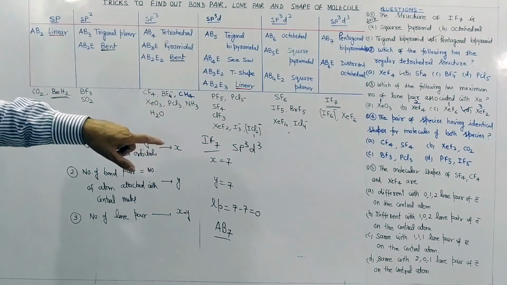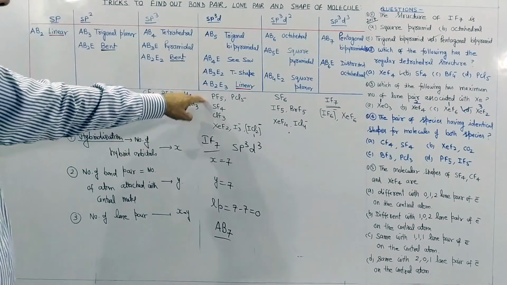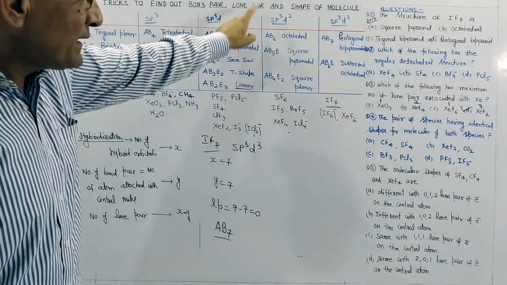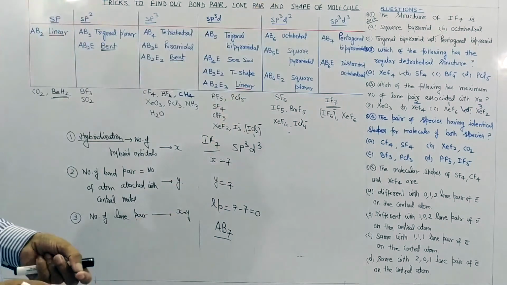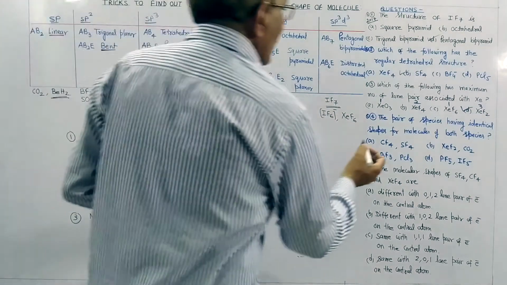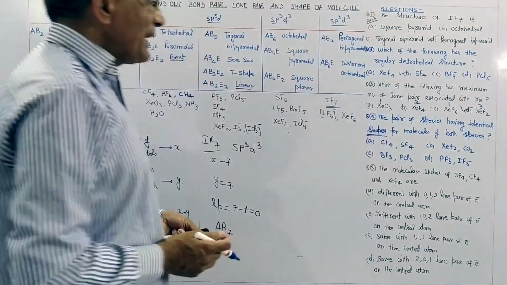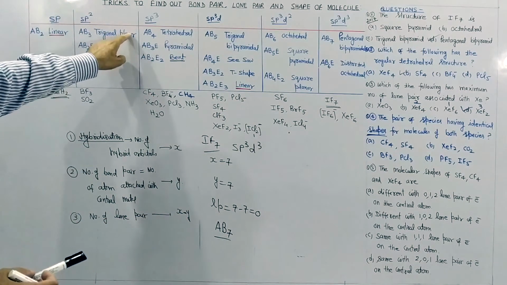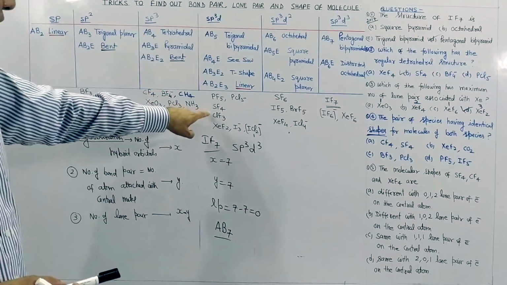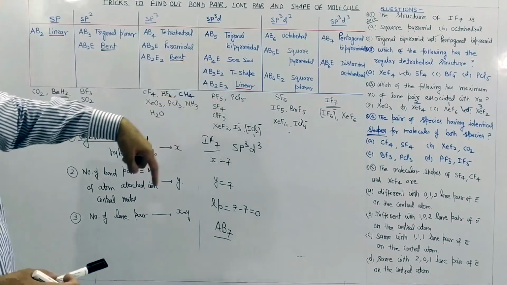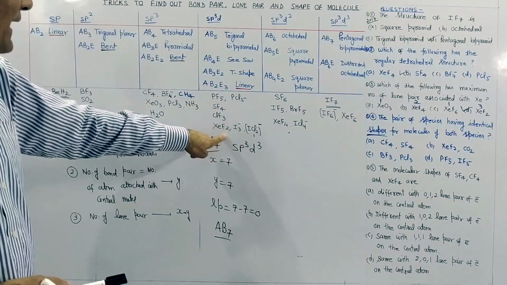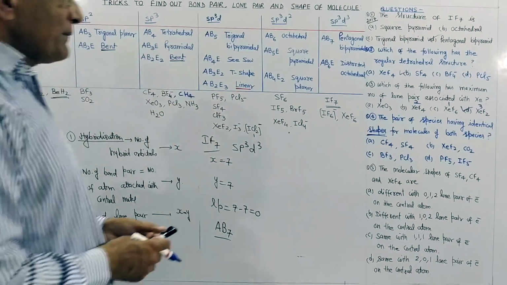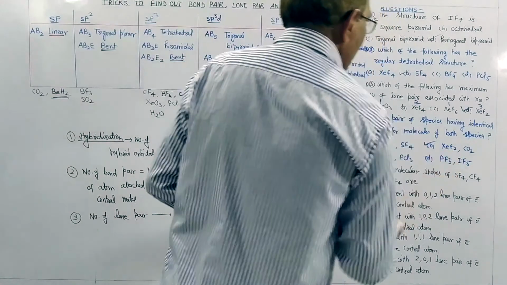PF5, students, will be sp3d and IF5 will be sp3d2. Now they are asking what is the shape of the molecule. We have checked the hybridization. CF4 is tetrahedral. SF4, students, seesaw structure. XeF2 is linear and CO2 is also linear. So our answer will be this.